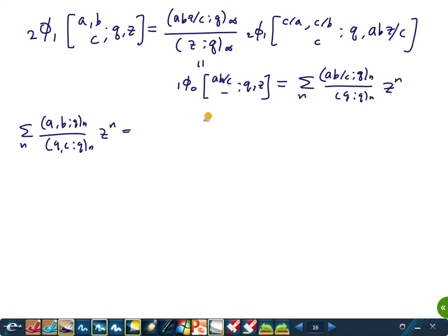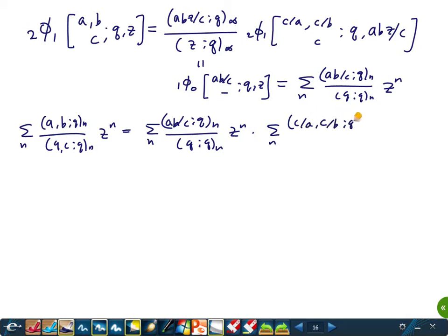On the other side, we have a product of two series. (a, b over c; q)_n z^n for this factor. And for this, I just rewrite it as (c over a, c over b; q)_n and (abz over c)^n, right? So this is equivalent to this, they are the same.